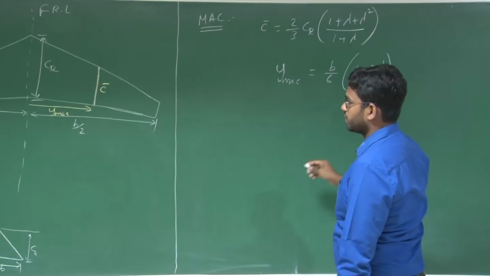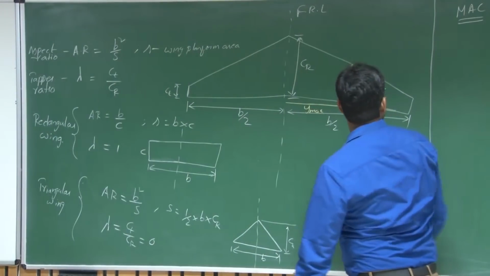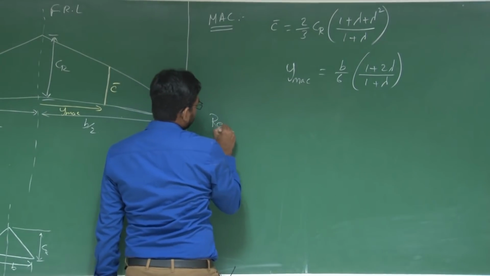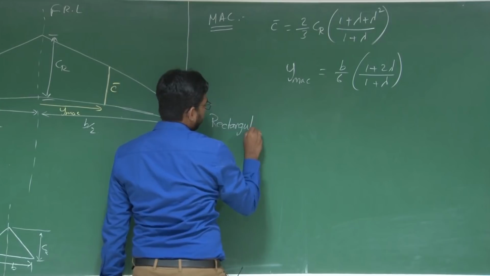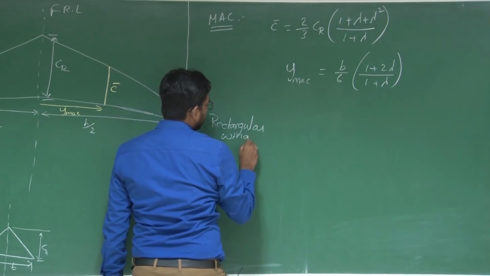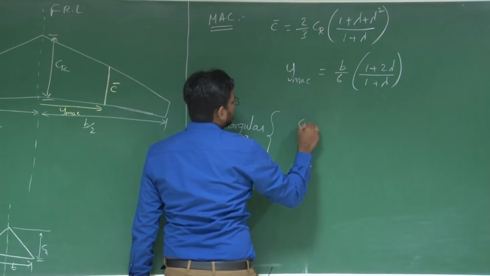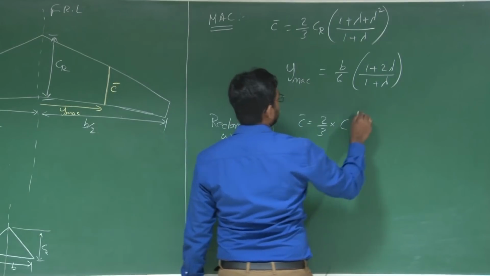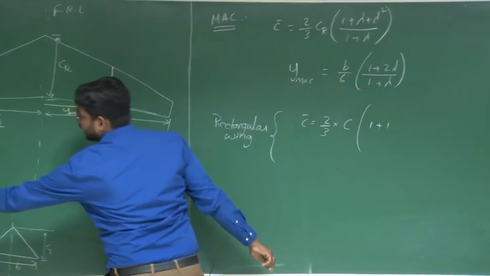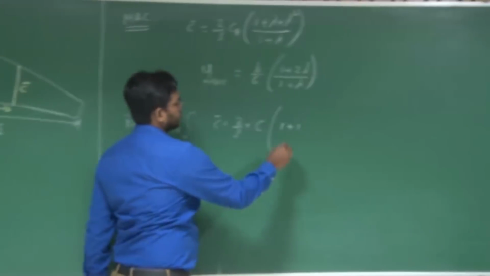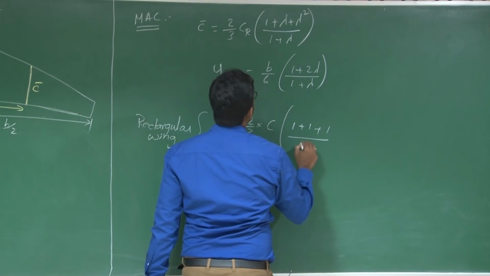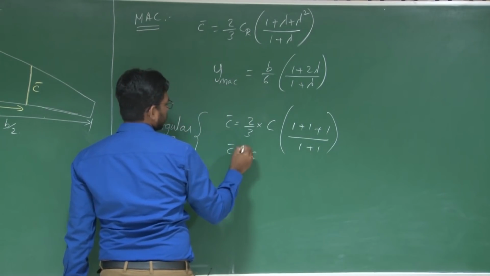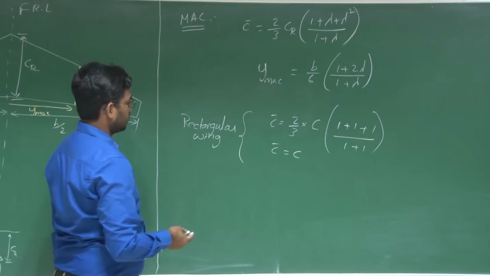Okay. So consider a rectangular wing. What will be the C bar? Lambda is 1 in that case. For a rectangular wing, C bar is equal to 2/3 into Cr times (1 plus 1 plus 1) by 2. Substitute lambda equal to 1 in this equation, and you have C bar is equal to C, which is the Cr and Ct in that case.